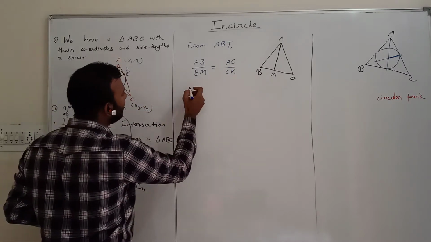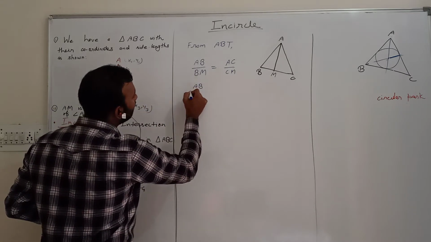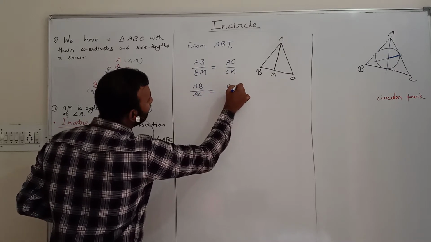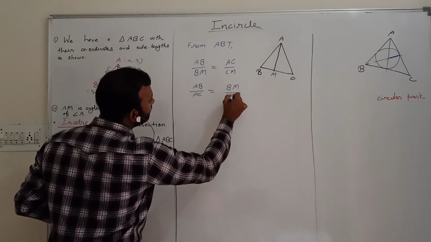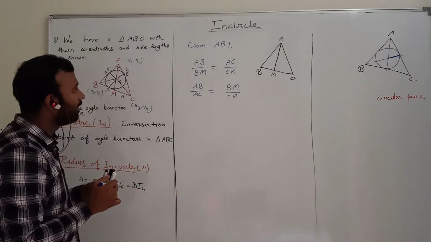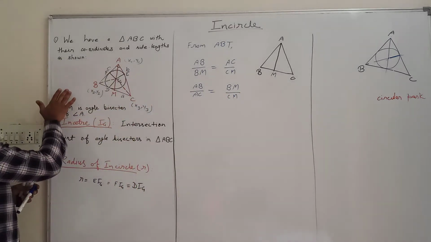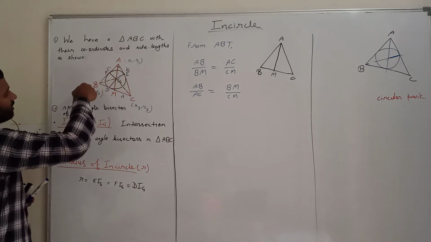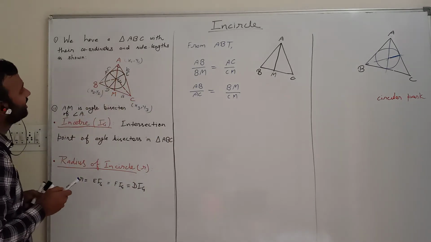This can also be written as AB upon AC equals BM upon CM. In this triangle I have the lengths AB, BC, CA.